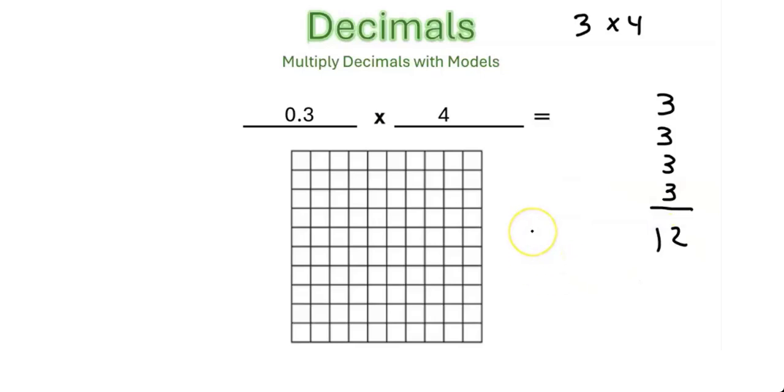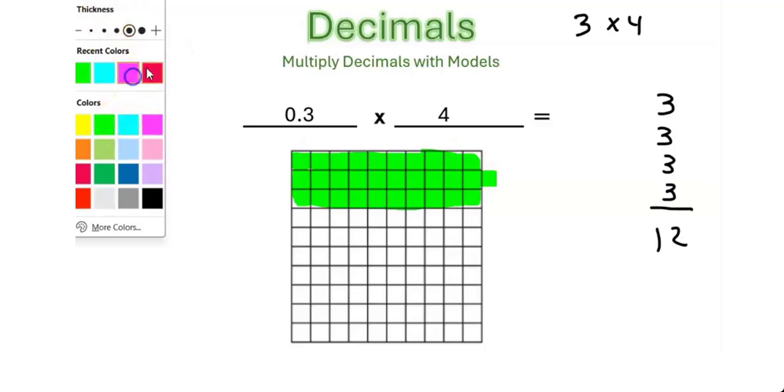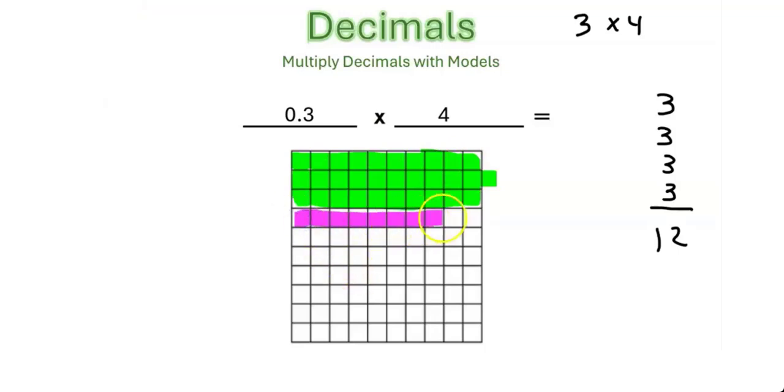So it's the same thing here, only instead of adding 3 ones, we're adding 3 tenths. So let's go ahead and highlight 3 tenths. Here's 3. Now we need 4 of these. So here's another 3.